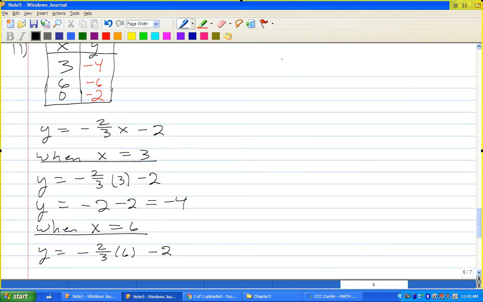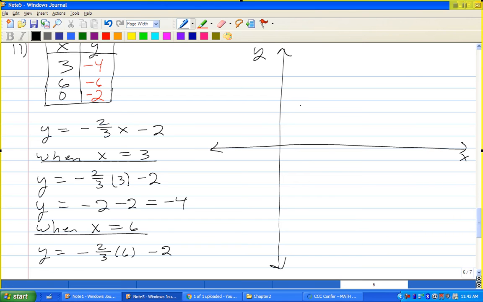Okay, let's sketch the graph. Try to make the line a little straighter.